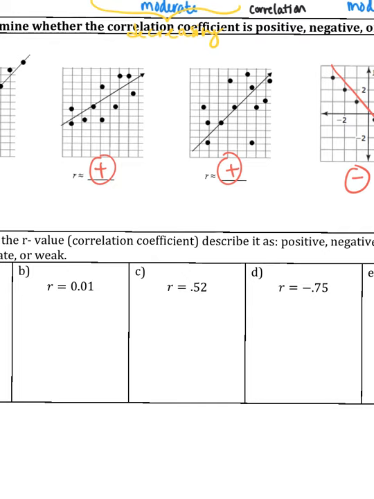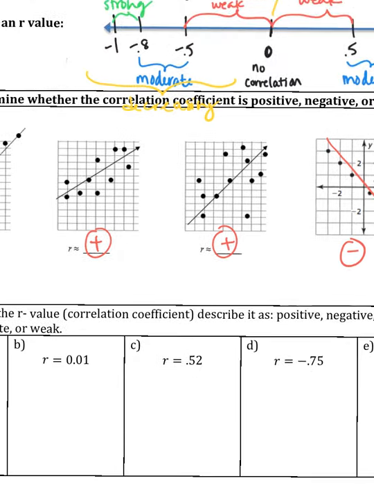Based off of my scale up here at the top, this would indicate that at negative 0.85, I have a strong negative, since I have a negative sign, linear relationship.